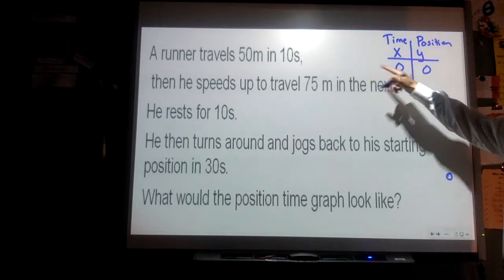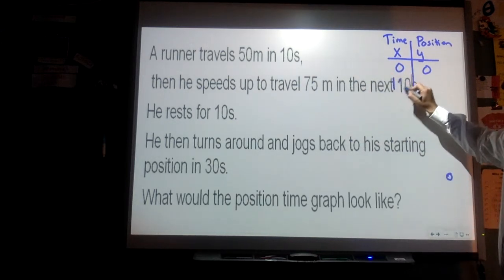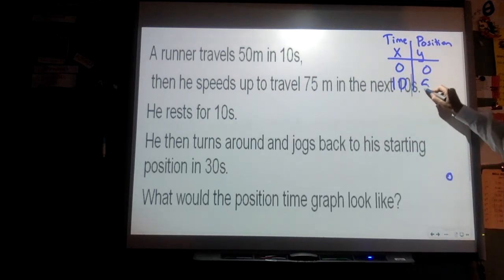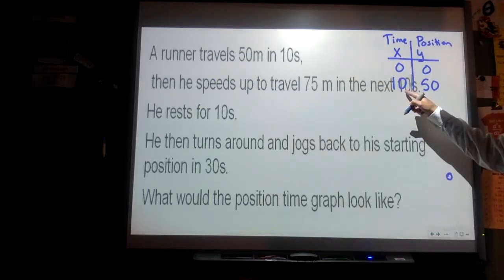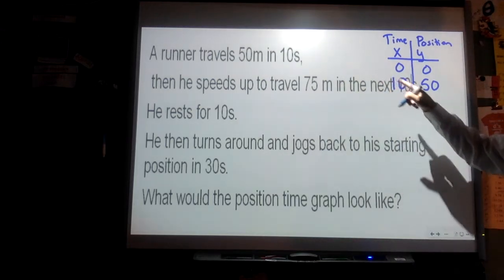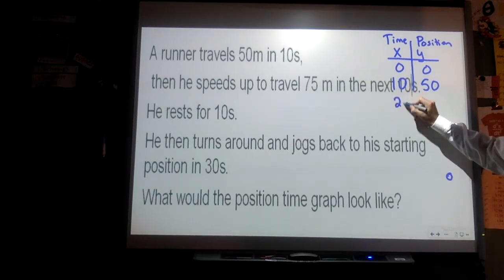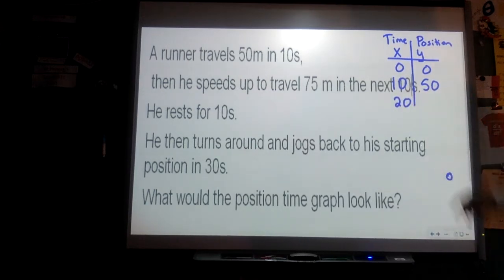And now I'm going to set up ordered pairs that I'm going to plot. So my first time is 10 seconds. When it's 10 seconds, he's at 50 meters. Then he speeds up to travel 75 meters in the next 10 seconds. So that means that he went from 10 seconds to 20 seconds. So my next point is going to be 20. And he went from 50 and he added 75.